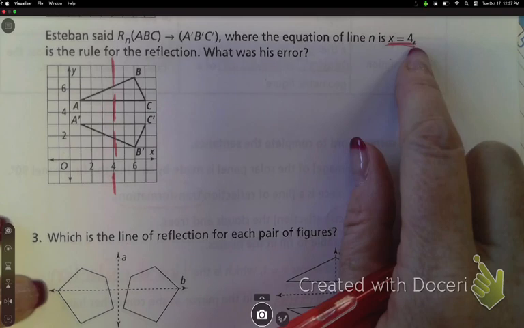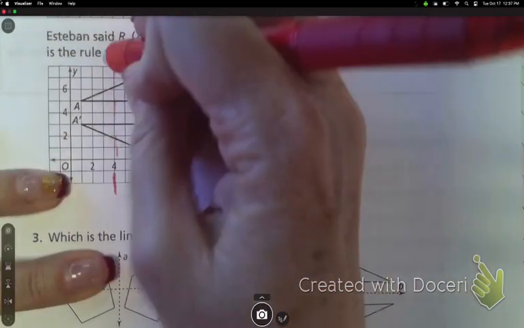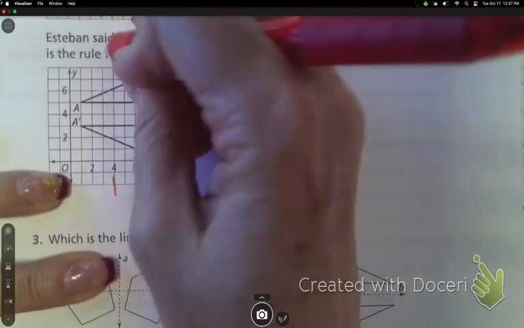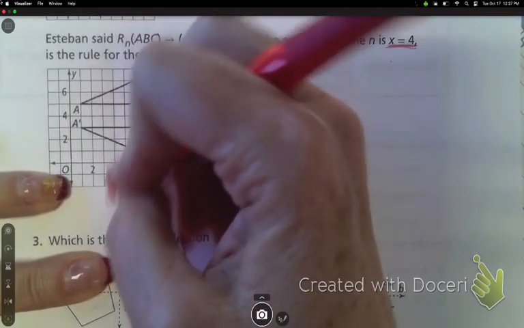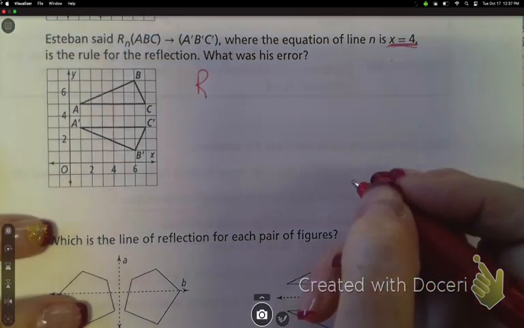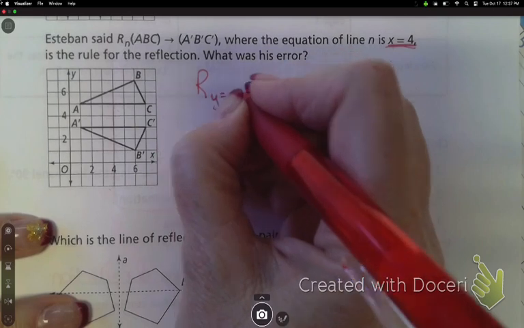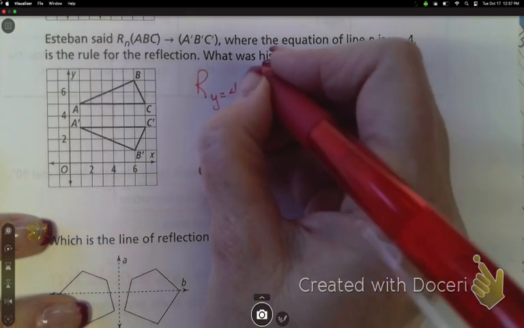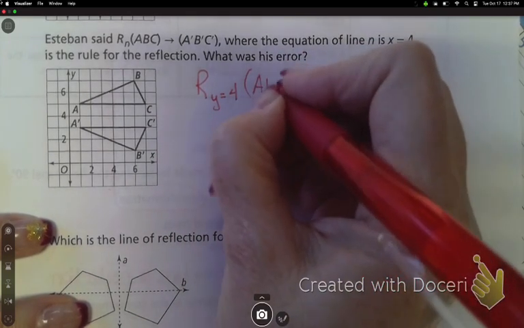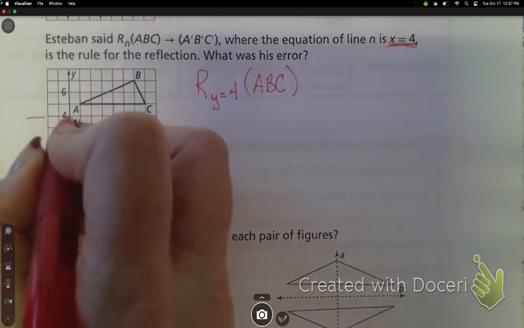It is a what? Horizontal at what? Y equals 4. So where it's R, right? At y equals what? 4. How do you know it's y equals 4? Because it's directly in the middle, and you can tell that because of A and A prime.